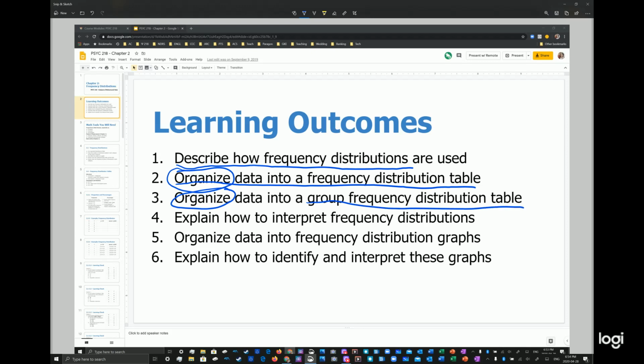Now, a difference between frequency distribution and group frequency distribution is that if you have scores that are fairly low range or small range, like 1, 2, 3, 4, 5, 6, it could be the number of courses you're taking, for example, then you only have one value per category.